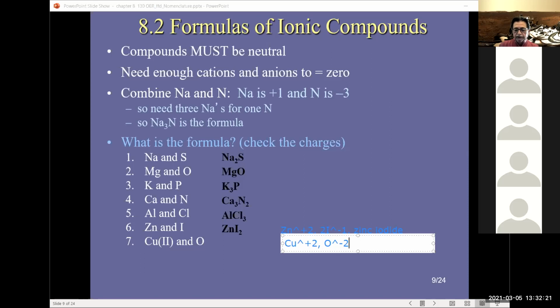As the case with magnesium and oxide, they cancel each other out. So structurally, it's simply a CuO. But the name, we do copper, and then we keep the Roman numeral, and we know that oxygen became oxide. Okay.